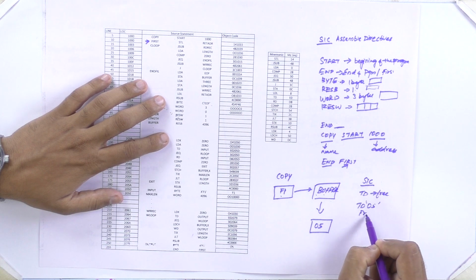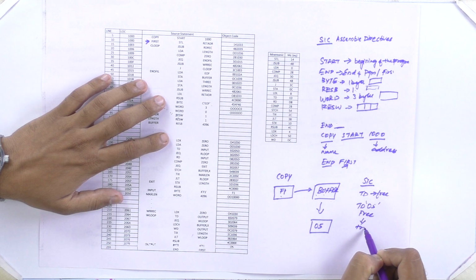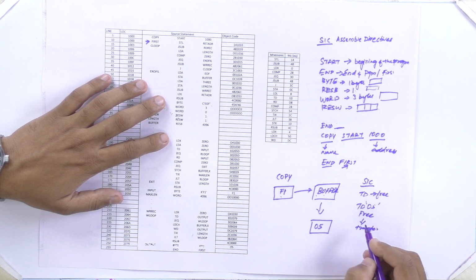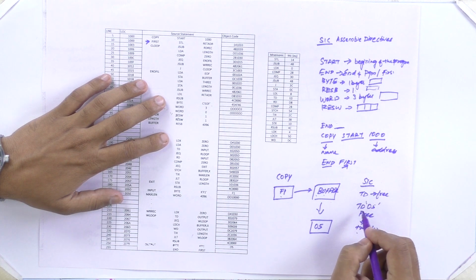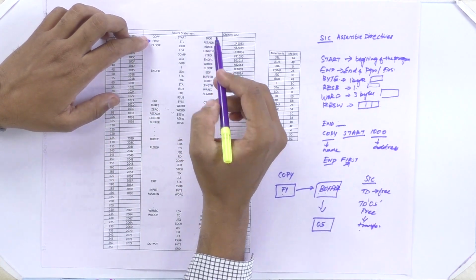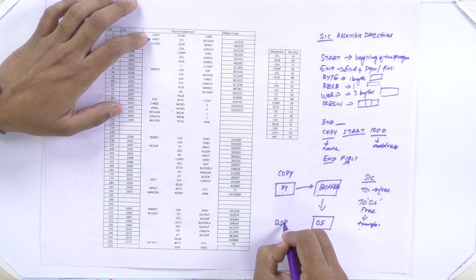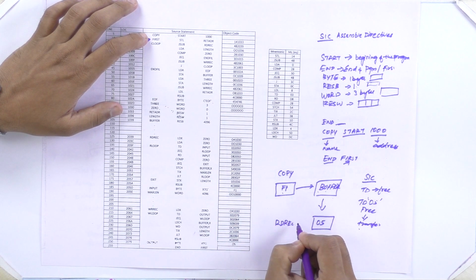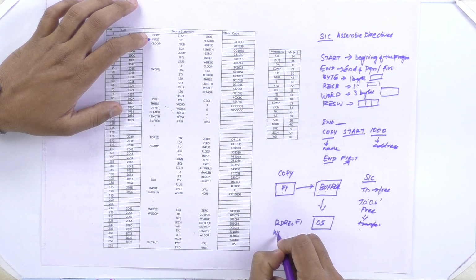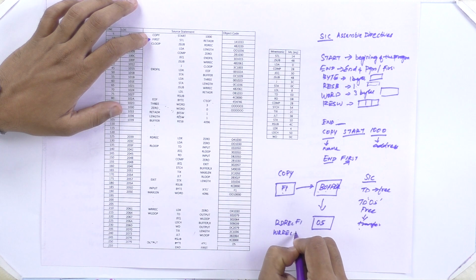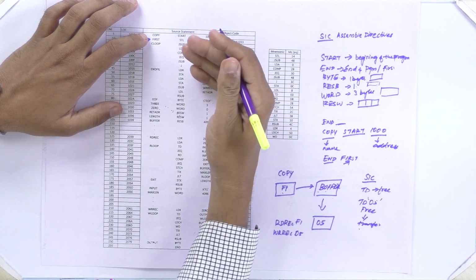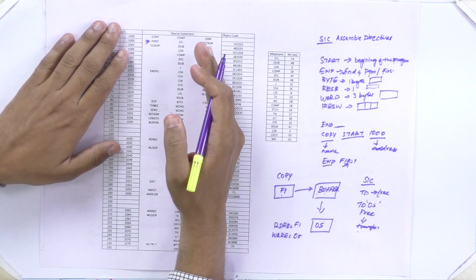If the device is free, you can go for transferring the data. Otherwise, we cannot transfer the data; you have to wait. For reading, you have a function called read record from F1, and for writing you have a function called write record to device 05. That we will see.